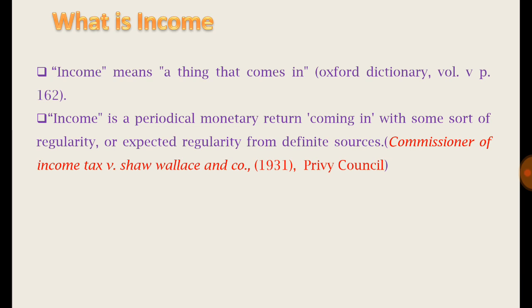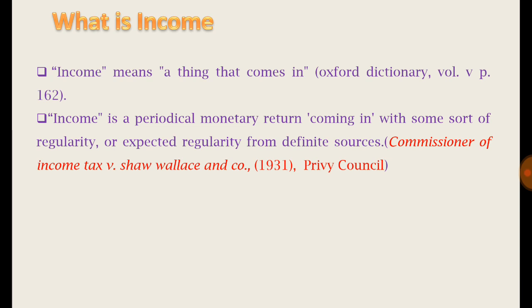According to this definition, income is a periodical monetary return coming in with some sort of regularity or expected regularity from a definite source. This is the definition given by the Privy Council in that case.